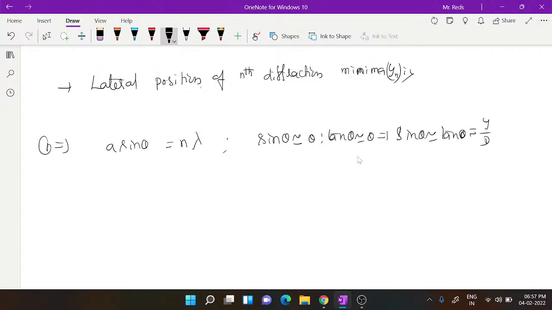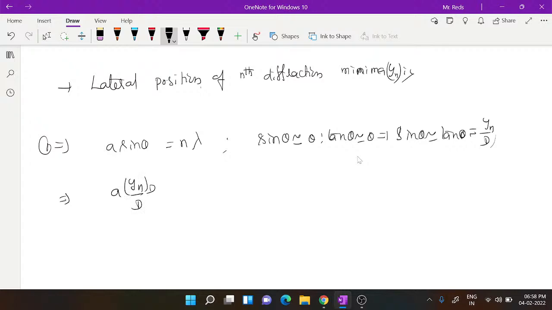So here, if this y represents the lateral position of nth minima, diffraction minima, then if you substitute tan theta as yn by D here, you will get a into yn by D equal to n lambda.